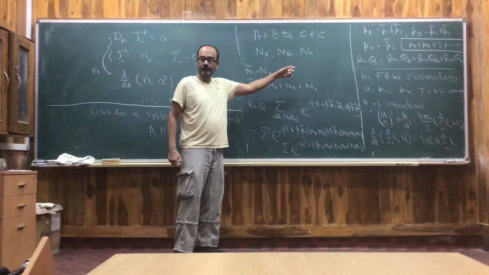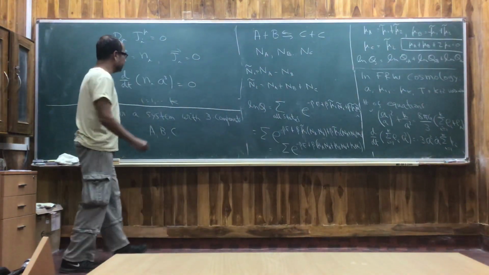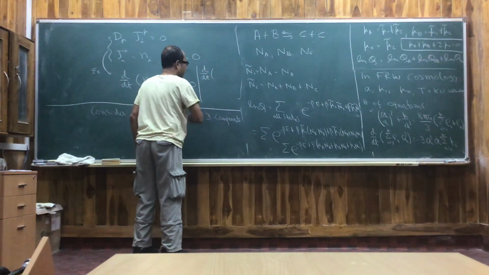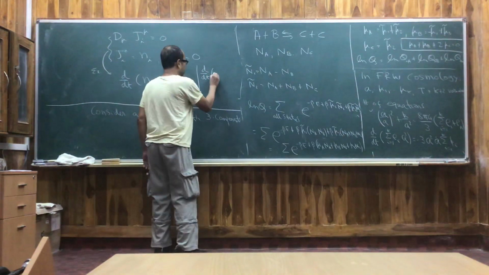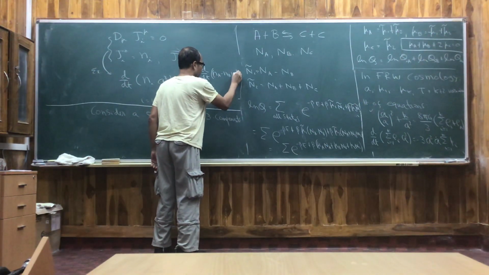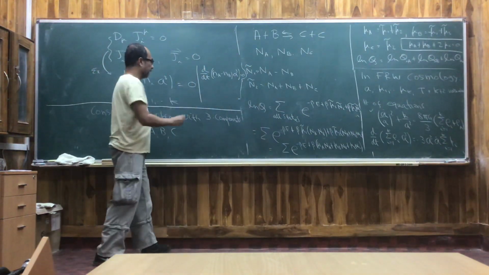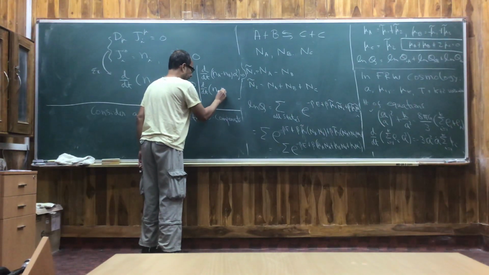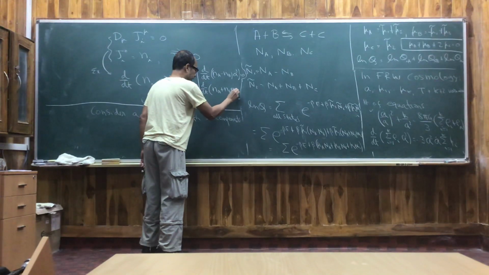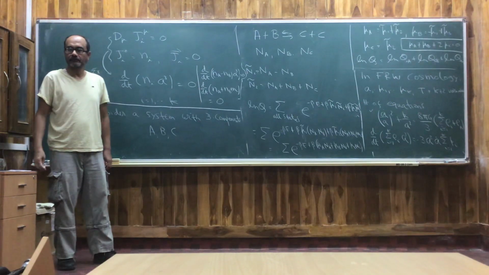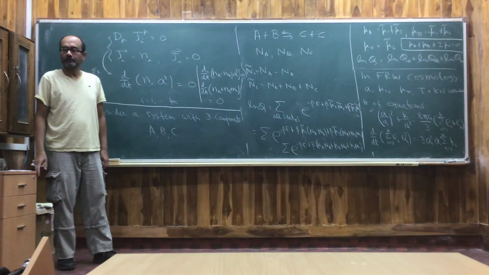So instead of having this, now what we have is d dt of Na minus Nb times A cube is 0, because this is constant, and d dt of Na plus Nb plus Nc times A cube is 0.